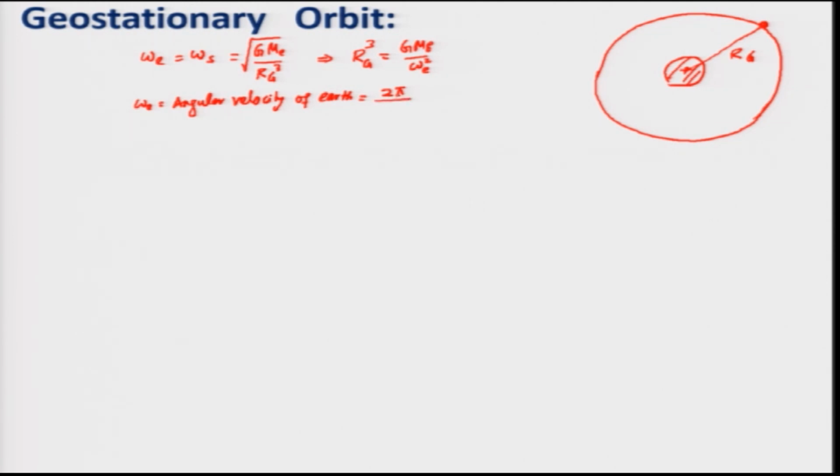Therefore, you take 2 pi divided by 23.9344 hours into 3600, to convert to seconds, and that happens to be 7.292 into 10 power minus 5 radian per second.